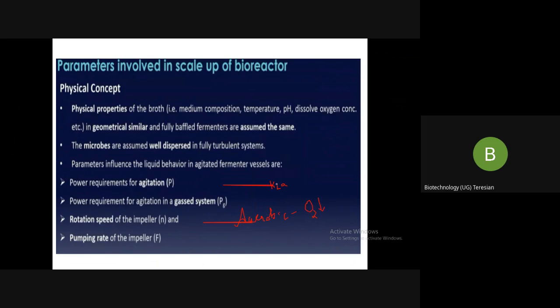And also the mass transfer coefficient is a very important aspect when you're scaling up your bioreactors, and it is a crucial step in the operation and scale up of bioreactors. So when you do the scale up, we have to keep in mind the mass transfer coefficient that we have in the small reactor and in the bigger reactor. They should be more or less the same.